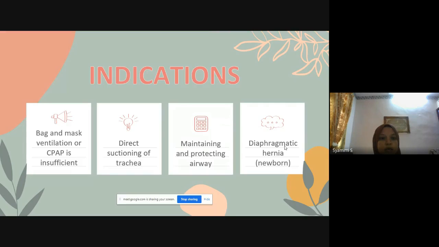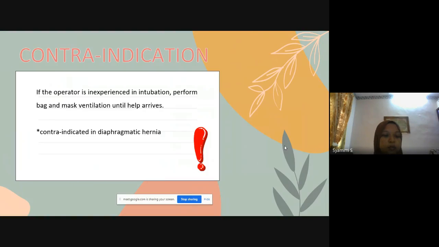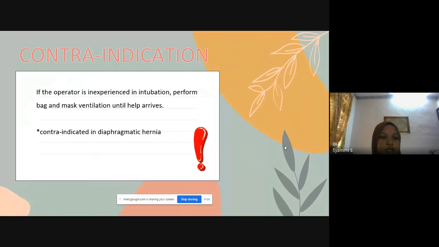Okay, what are the contraindications for intubation? The only contraindication is if the operator, or the one who wants to perform it, is inexperienced in intubation. So the person needs to use bag and mask ventilation until there is a more expert person.